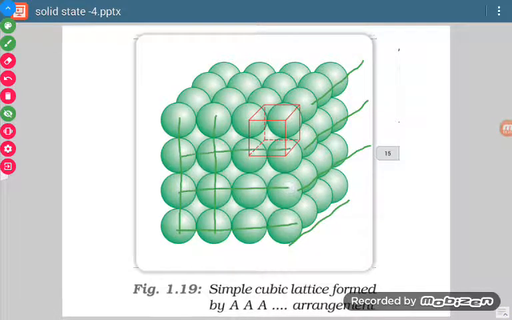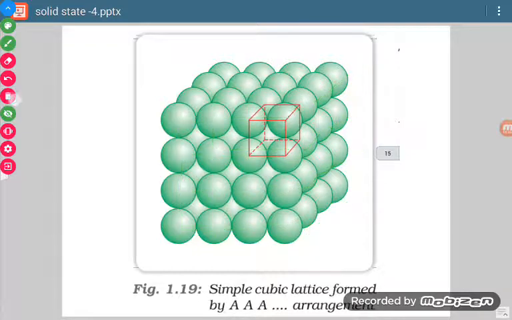If we do this, then this type of structure is obtained, and this is called a simple cubic lattice, in which all layers are aligned on the same axis, so it is called an AAA type of arrangement. And since a cube is formed, it is an AAA type of arrangement, in which all the continuous layers are on the same axis.